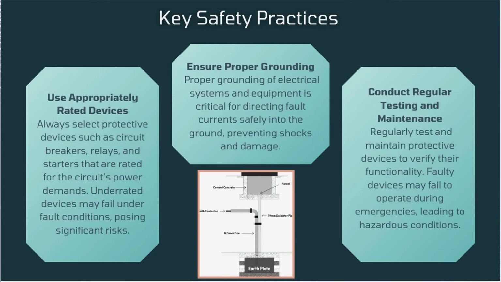Proper grounding of electrical systems and equipment is critical for directing fault currents safely into the ground, preventing shocks and damage. Conduct regular testing and maintenance. Regularly test and maintain protective devices to verify their functionality. Faulty devices may fail to operate during emergencies, leading to hazardous conditions.